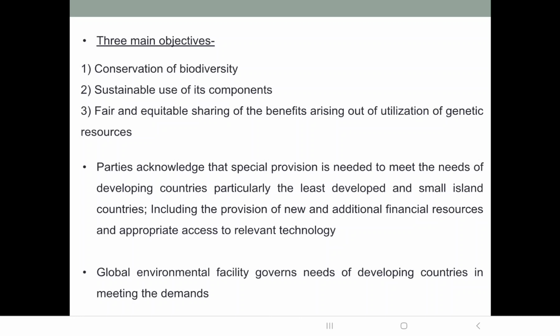Developed countries can have easy access to technology, but the least developed countries and the small island countries should be given the technologies. Also, the Global Environment Facility, remember this name, governs the needs of developing countries in meeting the demands. Financial resources are provided by this Global Environment Facility to the developing countries with respect to this convention.